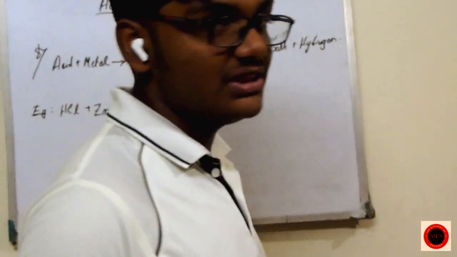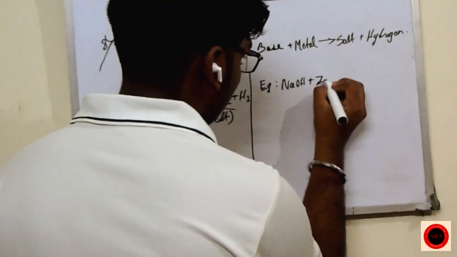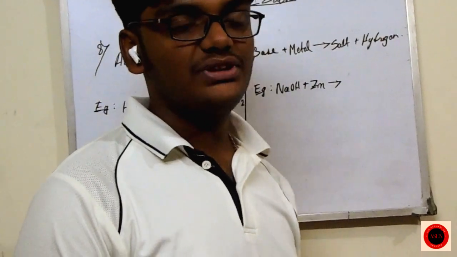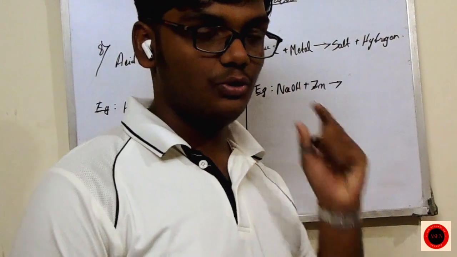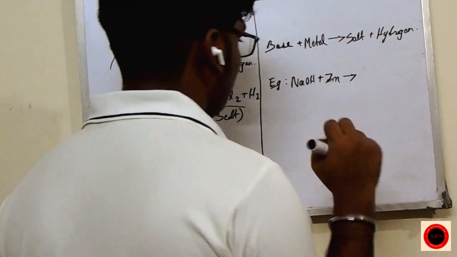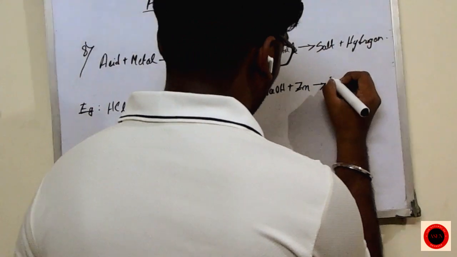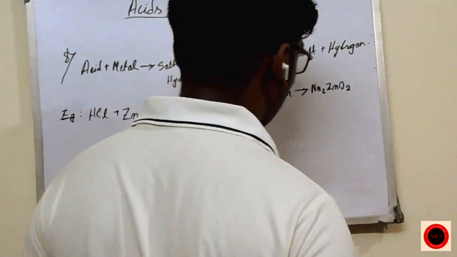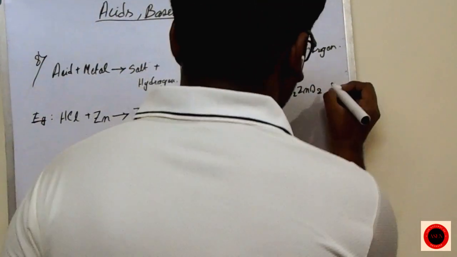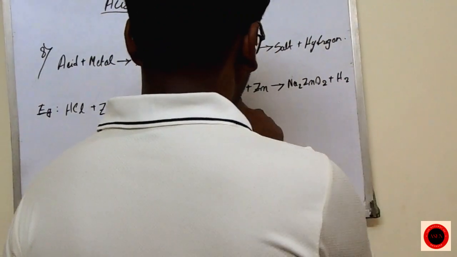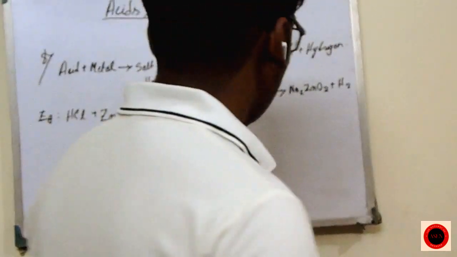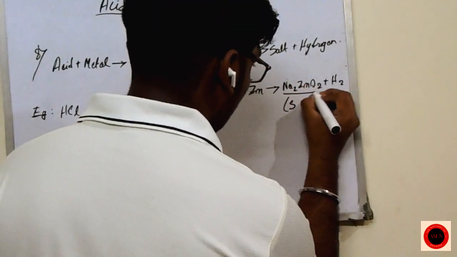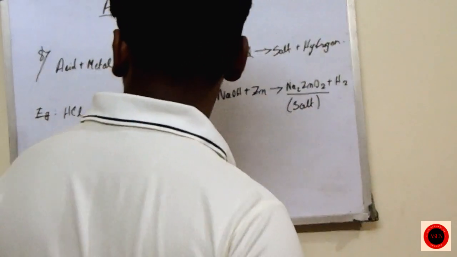We all know that sodium hydroxide is a base, plus Zn, it is a metal. What is forming? Na2ZnO2, that is sodium zincate. Okay, remember the names and formulas. Na2ZnO2. Okay, plus hydrogen gas is evolving. Okay, so what is salt over here? Which is salt? Sodium zincate.